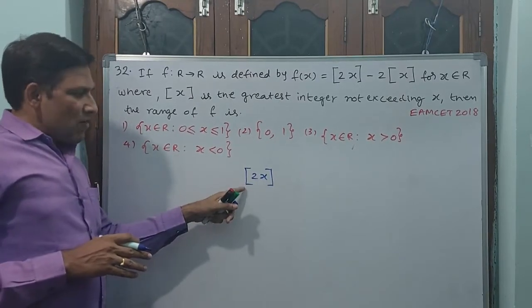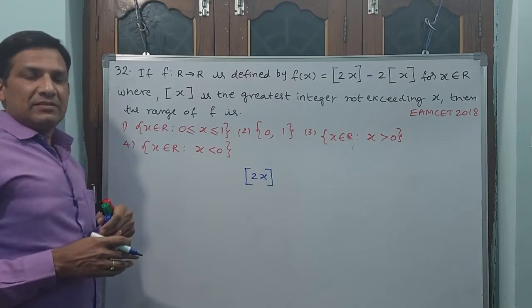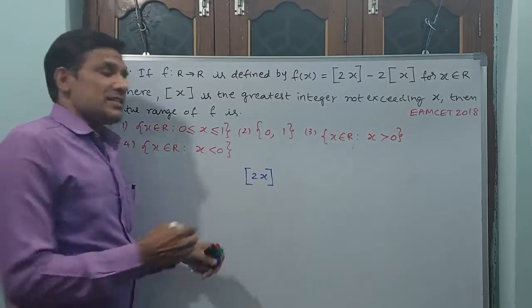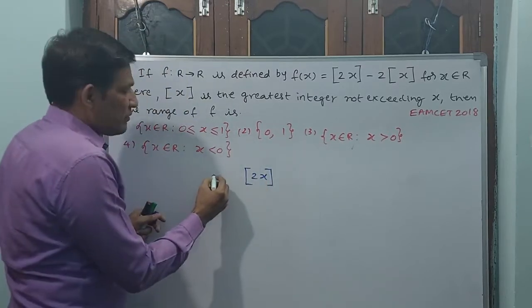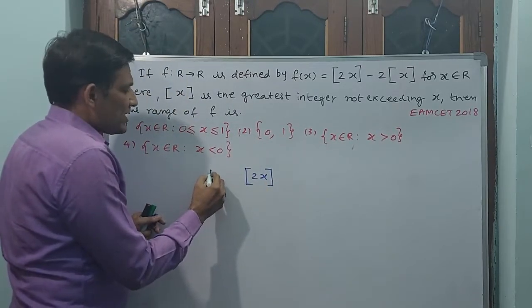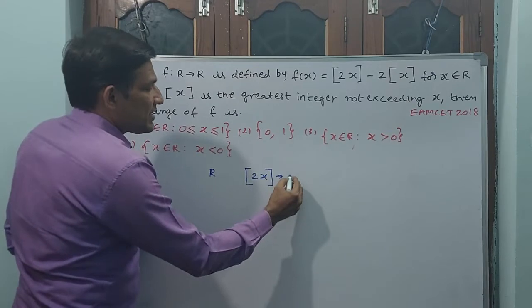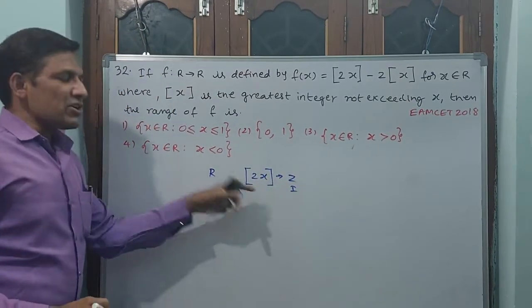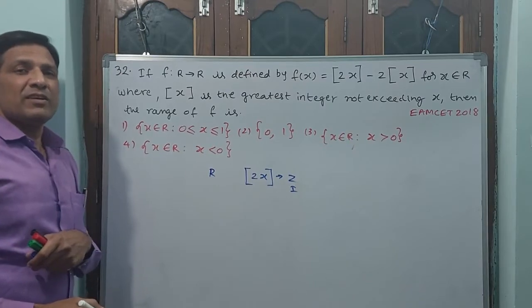But what will be the output of the greatest integer function? Naturally an integer. You give input as any real number, but output is an integer, Z. That is the specialty of the greatest integer function.